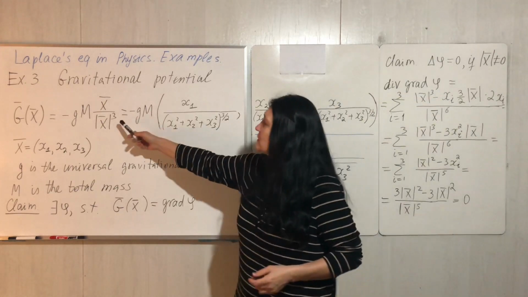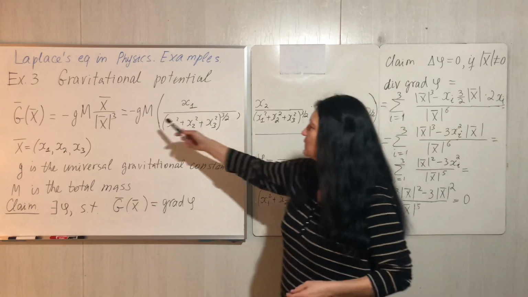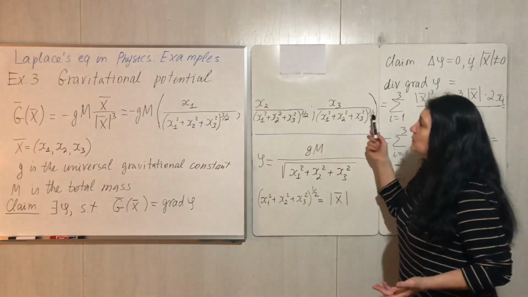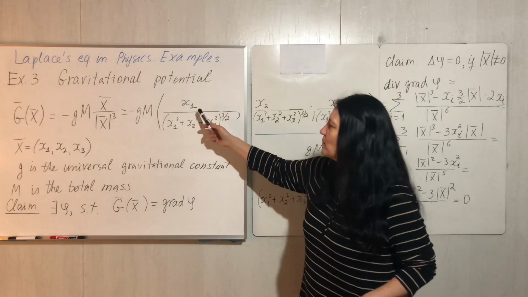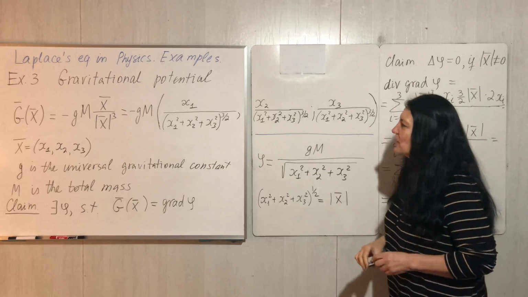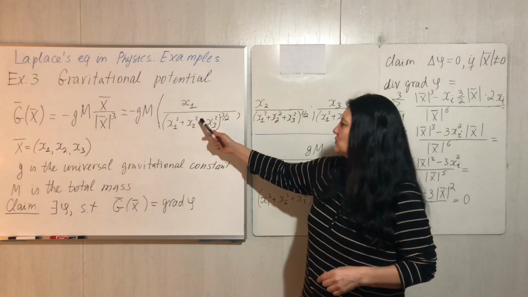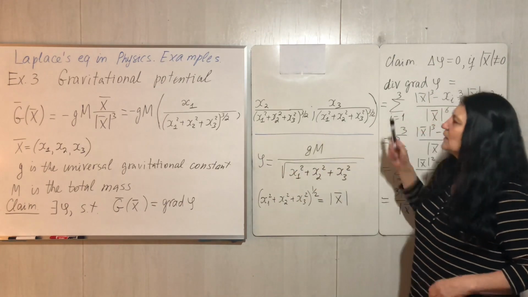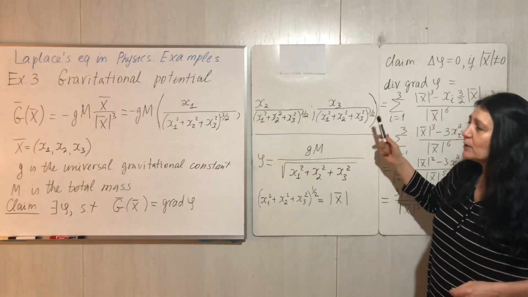Here I rewrote this vector in component-wise form, right? The first component would be x1 over this expression, x1 squared plus x2 squared plus x3 squared to the 3 halves, and likewise for the rest of the components.